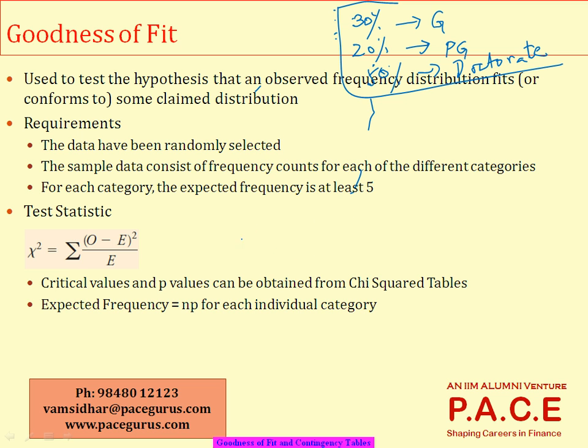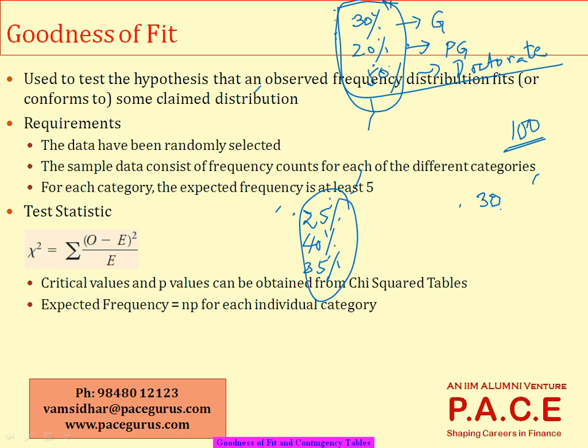So, from the sample, let's say I am getting 25% graduates, 40% postgraduates, and 35% doctorates. So these are my observed proportions, whereas these are my expected. Expected is claimed. Whatever I am claiming, that is my expected. So let's say I am going with 100 people.